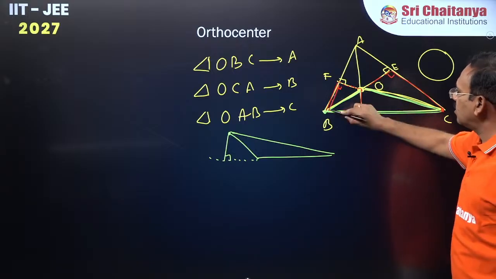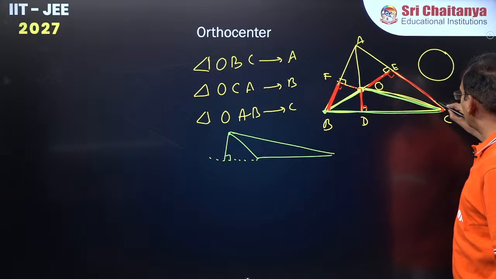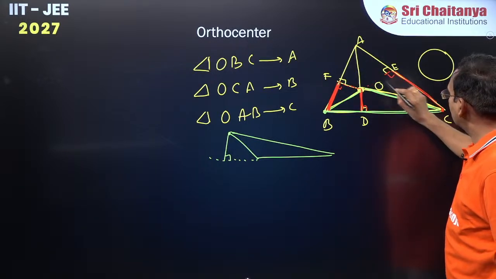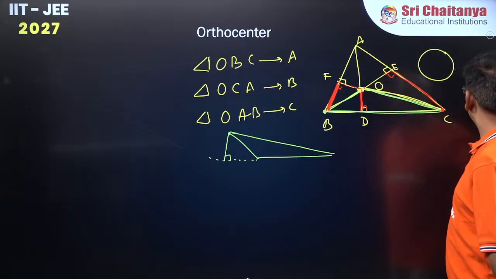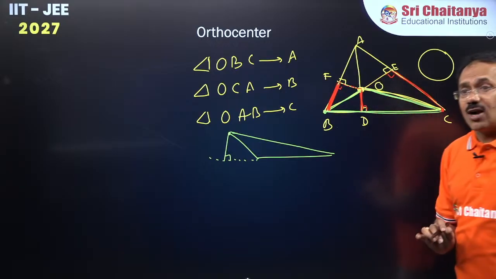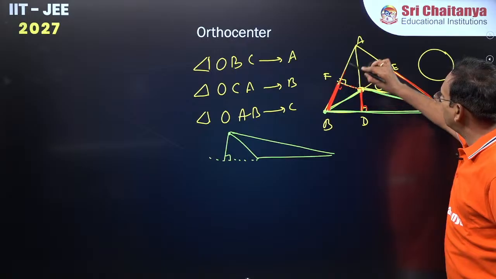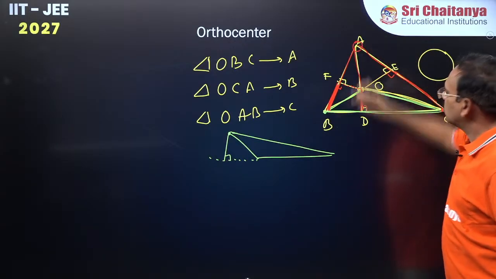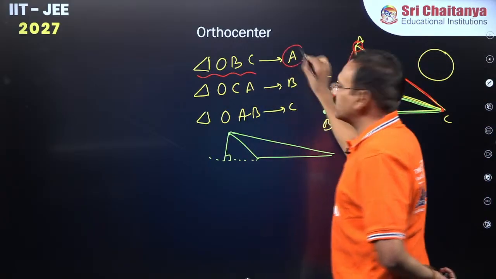These are the three altitudes, altitude 1, altitude 2, altitude 3. These three are not concurrent here. You just extend them to be concurrent. If you allow them, they meet and come out and meet at A. So this is why, dear students, for triangle OBC, orthocenter is A.